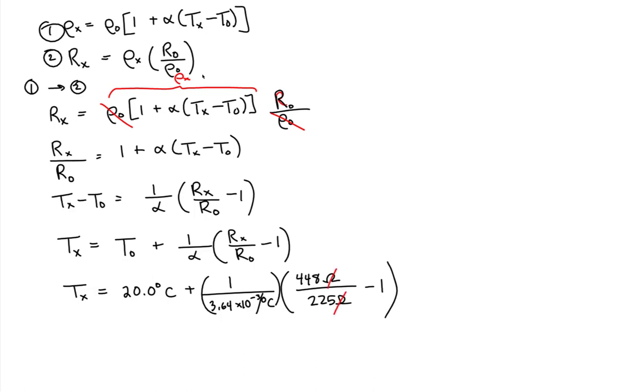Canceling units, we see that each term on the right-hand side has a degree Celsius in the numerator because this per degree Celsius comes on top. When I plug this into my calculator, I get that the furnace's temperature is 292 degrees Celsius.